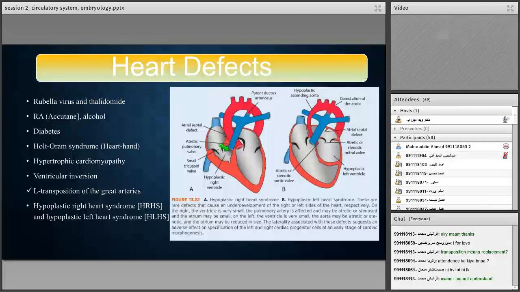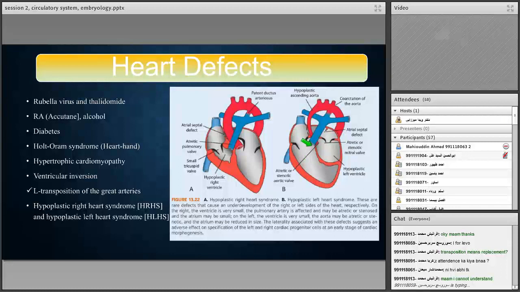The pulmonary artery is atretic. The atrium may also be small. But the left ventricle and left atrium are very dilated. On the other part, the hypoplastic left heart syndrome, we can see that the left ventricle and left atrium are small and hypoplastic, and also the aorta. But the other side of the heart, right atrium and right ventricle, are very dilated.